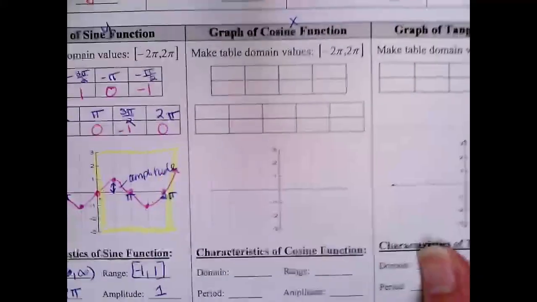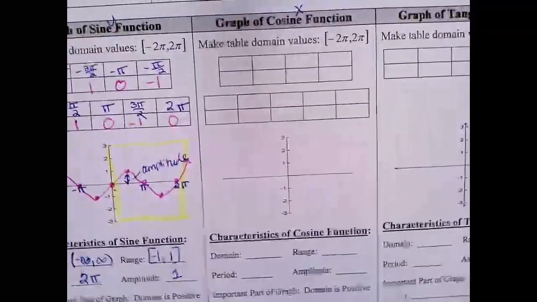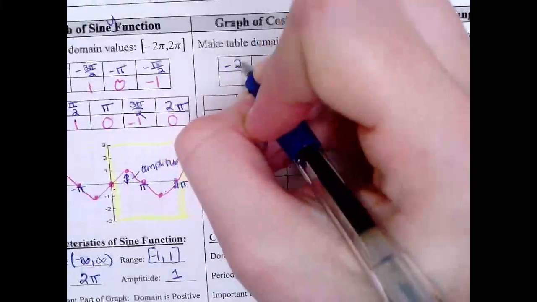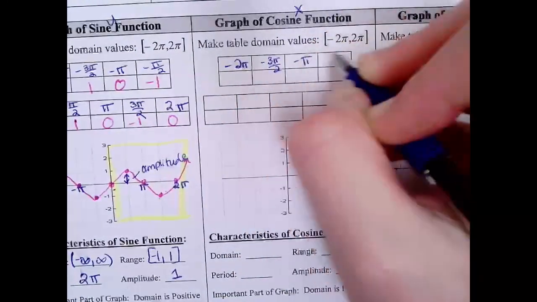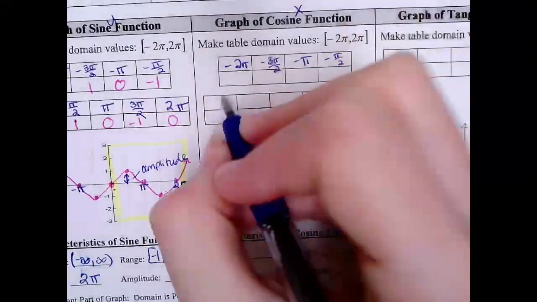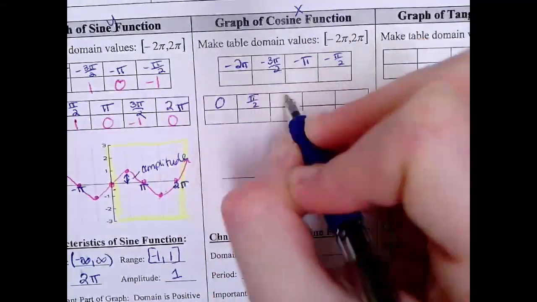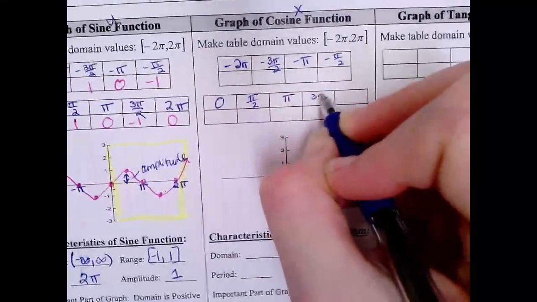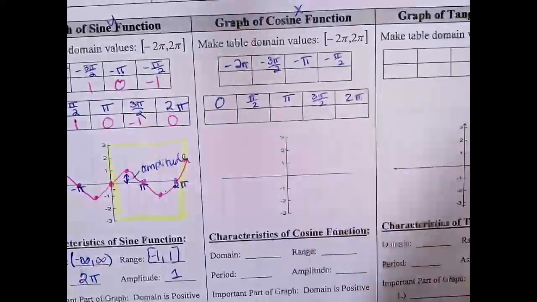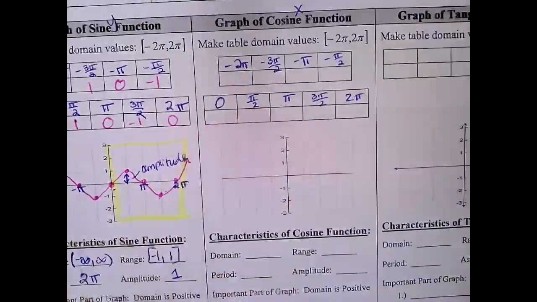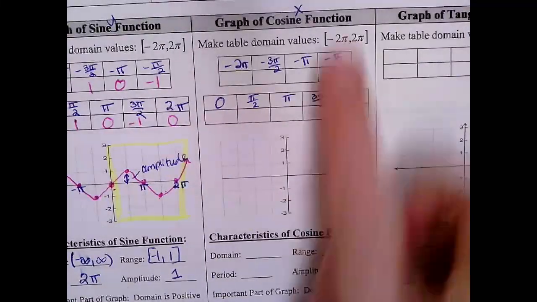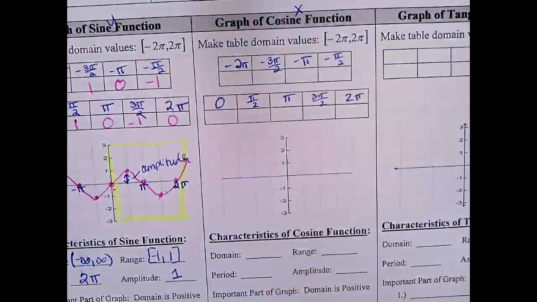All right, cosine, so still the same domain values. We're going to write those all in here. It's exactly the same x values as before. But what's going to change here, guys, is the y values, because now we're focused on the y's for the cosine.